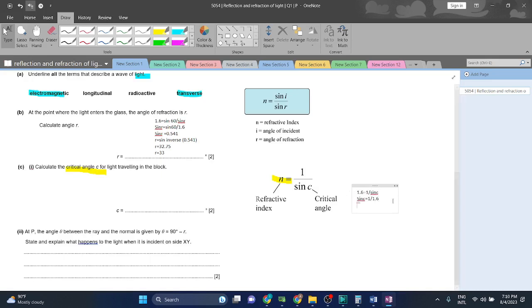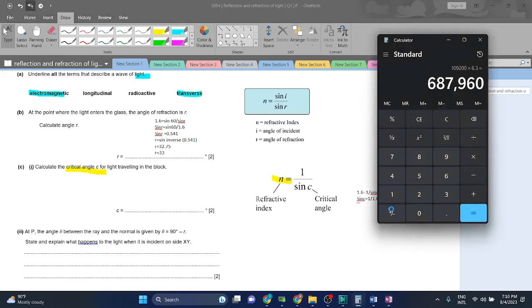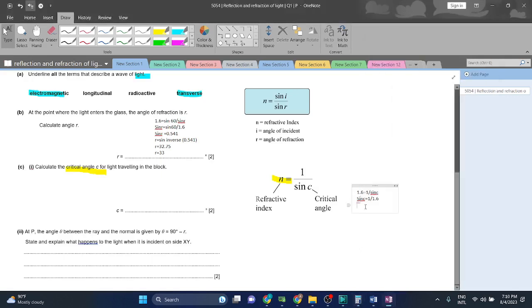So 1 divided by 1.6 will give us 0.625. Sine C is equal to 0.625.